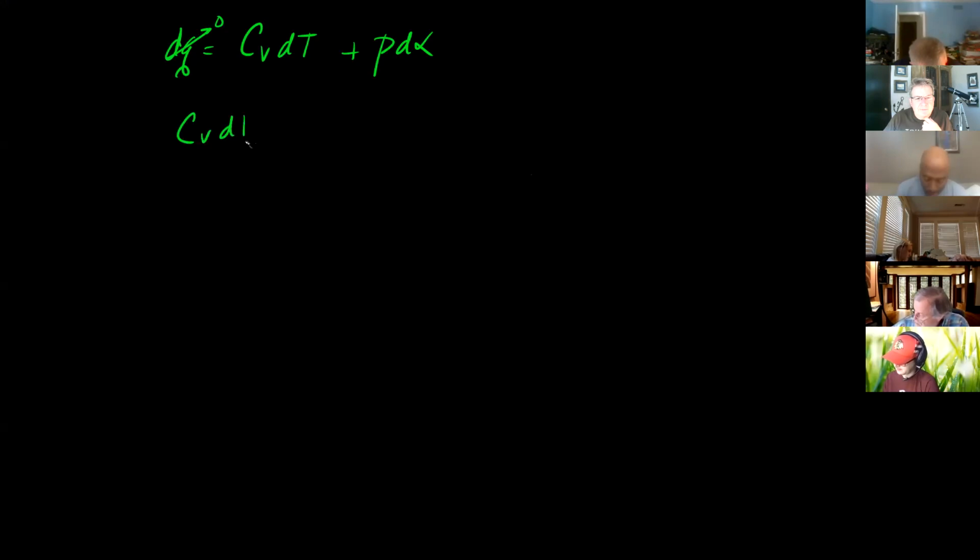So dq equals CV dt plus P d alpha. We say it's adiabatic. Therefore, CV dt equals minus P d alpha. But using the ideal gas law, P equals RT over alpha.